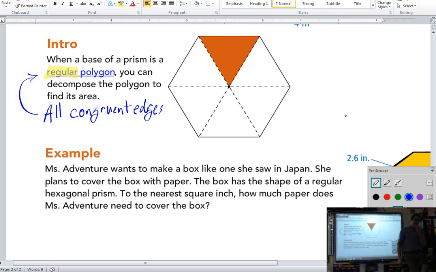Now, we have a few different ways that we could solve polygons. One way is cut it in half and deal with it from there. So I look at only the bottom part. Don't draw this part. I could then chop off this triangle, bring it over to here, and make it into a rectangle.